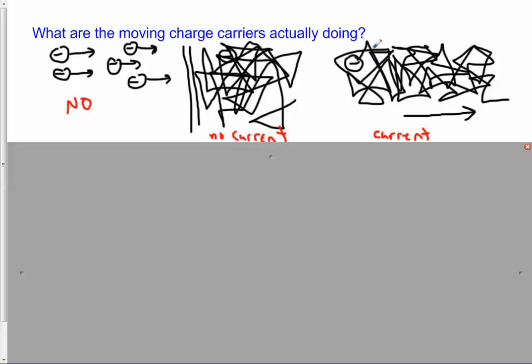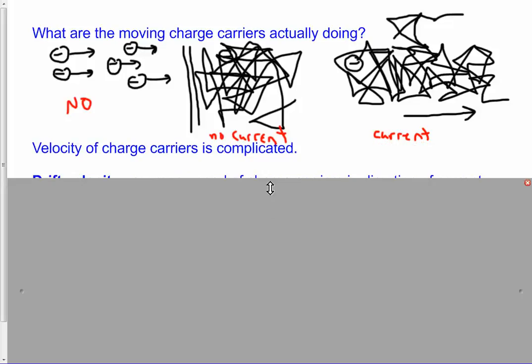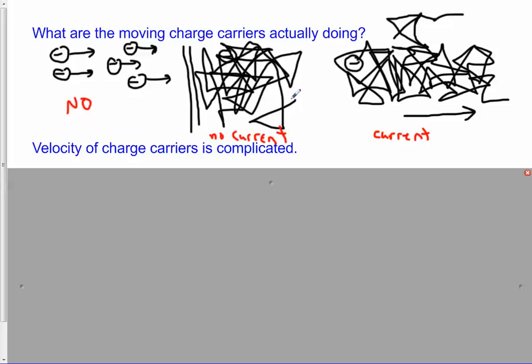So even after they hit an atom and bounce off, if there's some electric field pushing them, they might curve a little bit more this way. And then they might bounce off that and come back this way. There's going to be an overall push toward the right if there's an electric field. So that's really what's going on. The velocity of charge carriers is very complicated, as you can see.